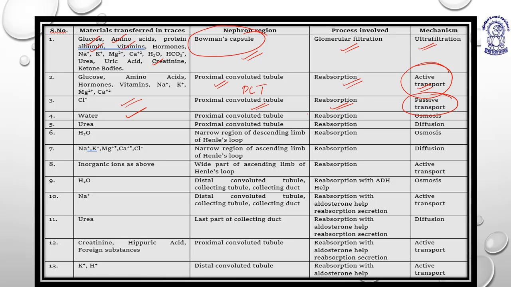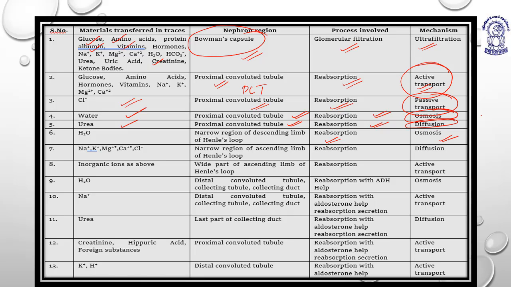Water in the proximal convoluted tubule is reabsorbed by osmosis. Urea in the proximal convoluted tubule is reabsorbed by diffusion. H2O in the narrow region of the descending loop of Henle is reabsorbed, and the mechanism involved is osmosis. So water in the descending limb of the loop of Henle is reabsorbed with the help of osmosis.